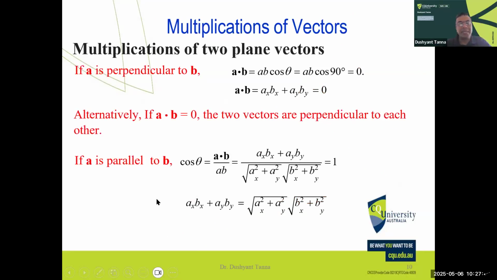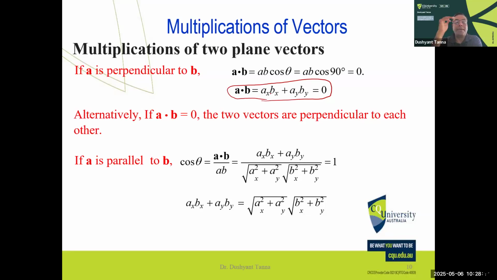Now, the same thing, the perpendicular and parallel cases for the dot product in Cartesian form, or rectangular form, or xy form. If A is perpendicular to B, we now know that A dot B is 0, so AX BX plus AY BY is 0 if the vectors are perpendicular, and the reverse is also true.